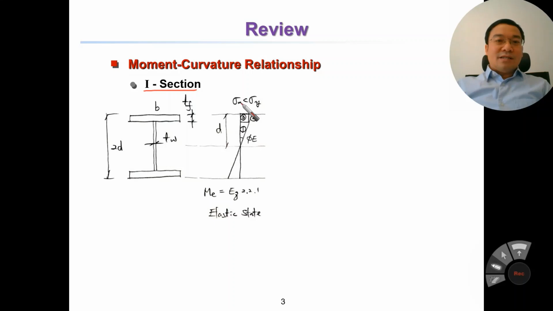In the elastic state, sigma m is smaller than sigma y, and we can divide the section into 3 parts, 1, 2 and 3, and doing the equilibrium equation, we can calculate the moment of the elastic state, equation 2 to 1 in the textbook. So please check the textbook for the moment.